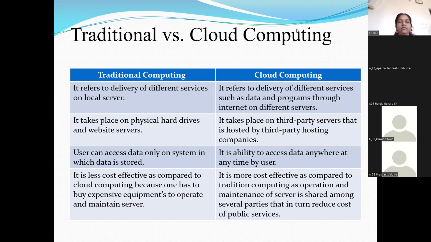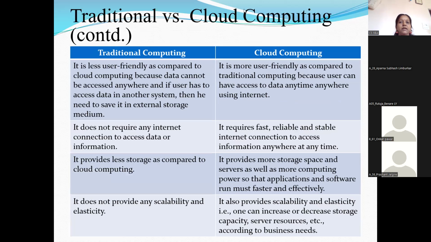Then the next difference point we have seen is that traditional is less user friendly as compared to cloud. Why? Because the data cannot be accessed anywhere, and if the user has to access the data on another system, then he needs to save it on external storage.